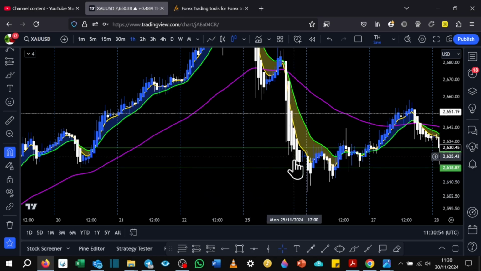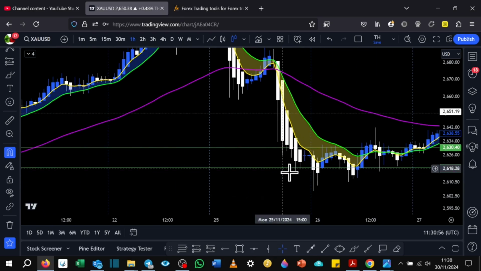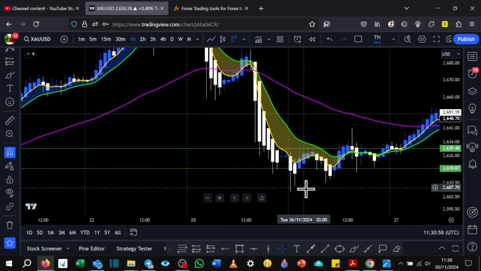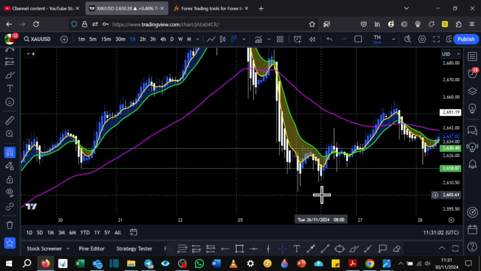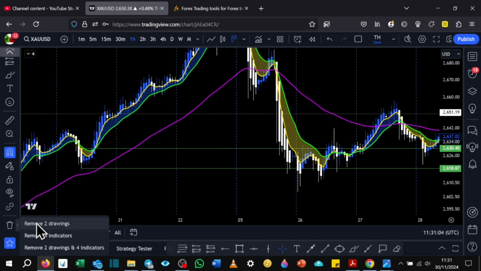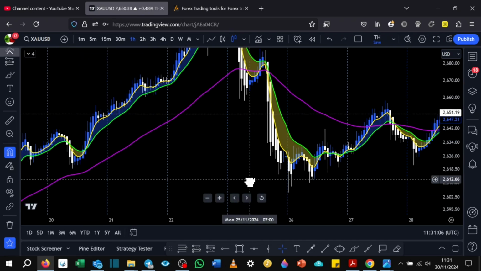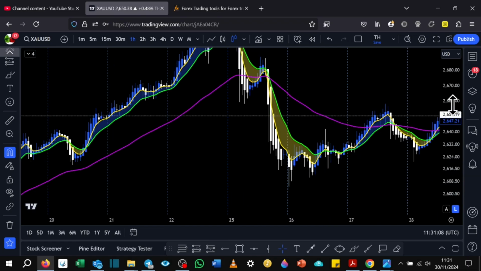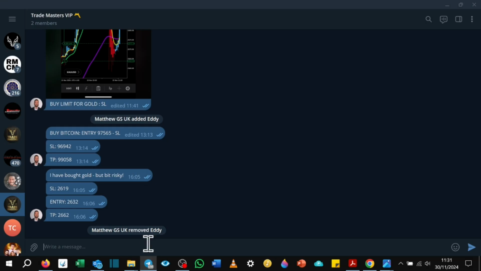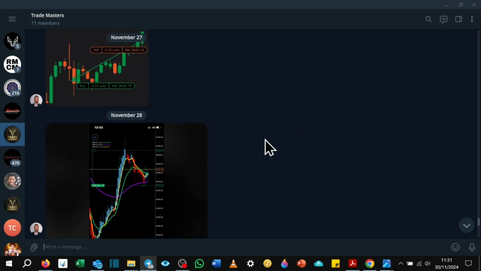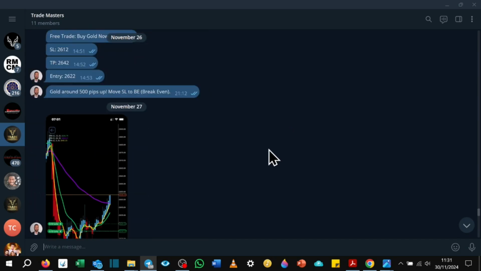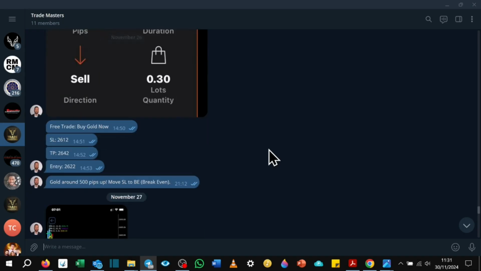But yeah, I got taken out, as you can see, and then price started to go lower, so that was an L. But then you've just got to trust the process. You've just got to trust your strategy. And I was confident that gold would start to reverse.